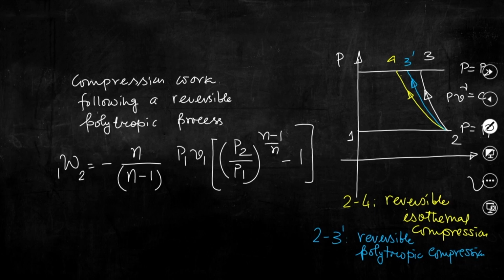Now, question is, from this PV plane we can easily see that work done is certainly the area under this process curve.